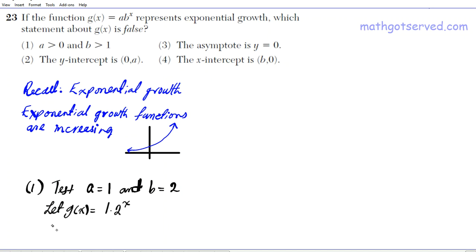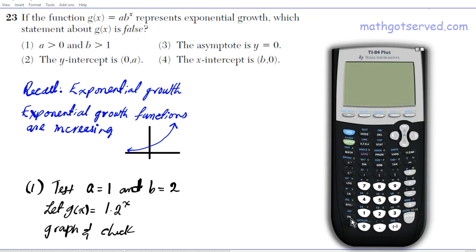Okay, so we're going to graph and check. Let's plug this into our graphing calculators. We have y. Let's clear that. And we have 1 times 2, we can just put 2 to the x. Enter. What do you expect to see?